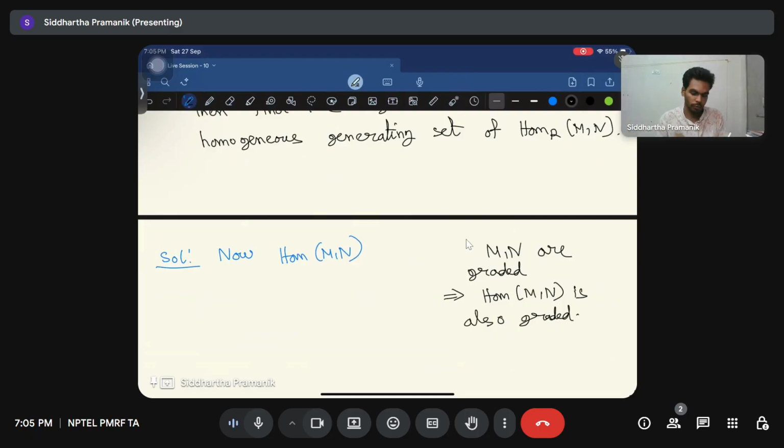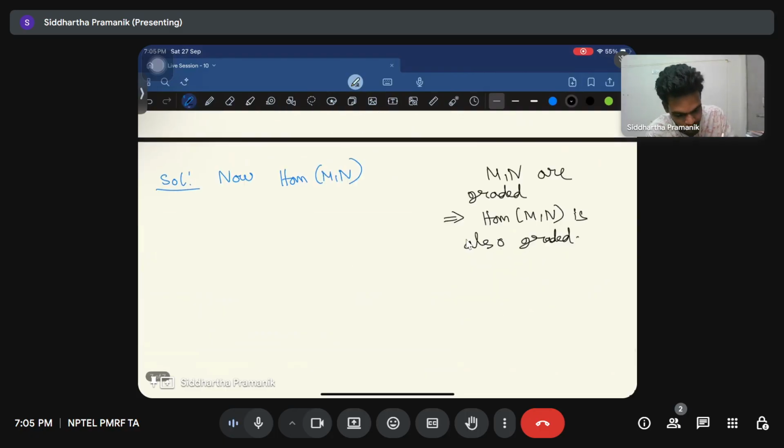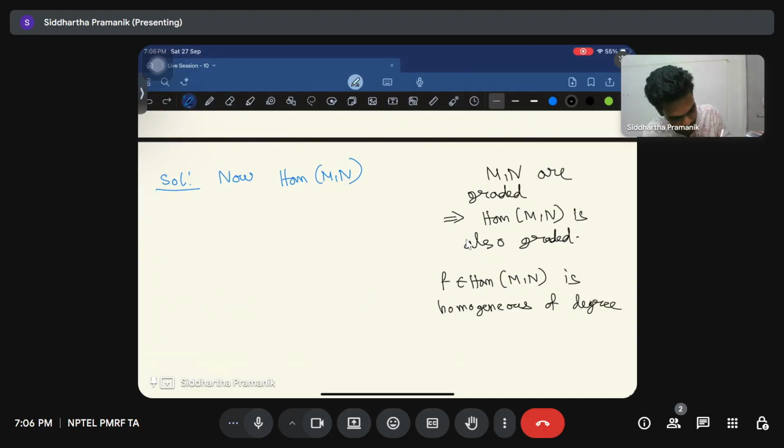So how will we define the graded elements of this set, or sorry, homogeneous elements? So f belongs to Hom(M, N), and f is homogeneous of degree i, let's say, if f from M to N is a graded map of degree i.